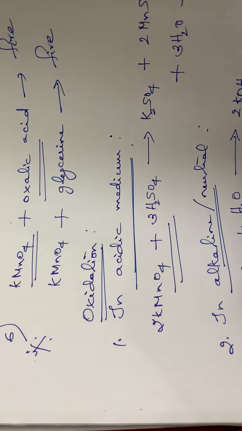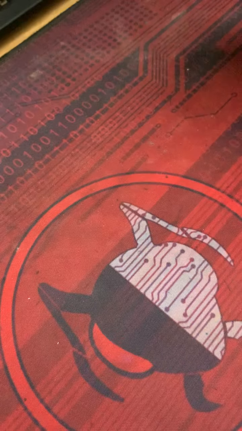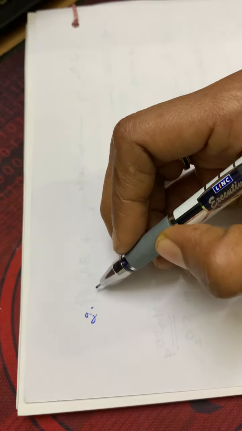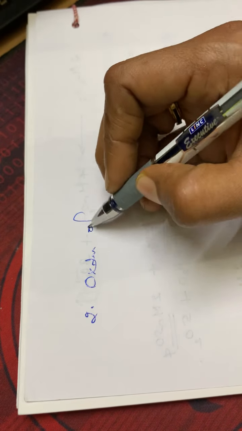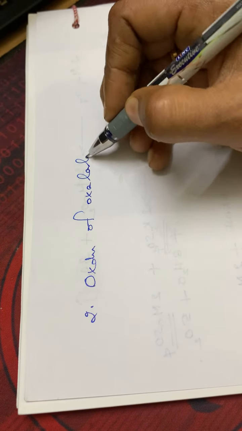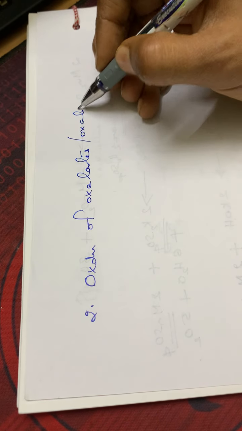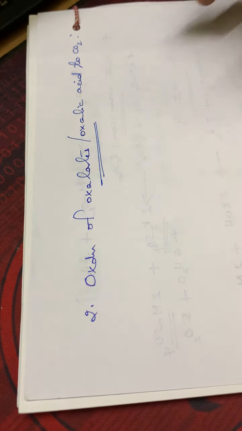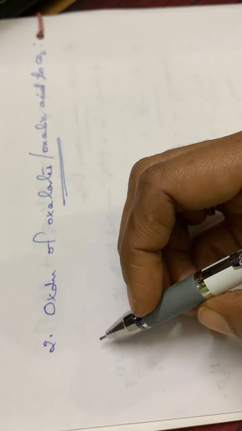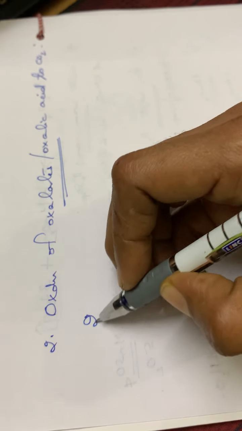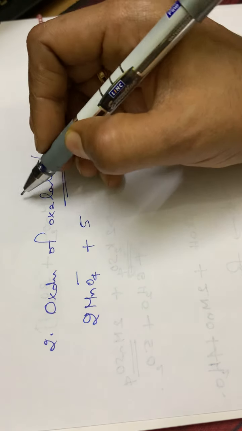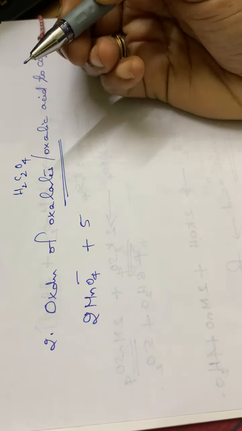Then the next one, the oxidation of oxalates or oxalic acid to carbon dioxide. So this reaction is 2MnO4 minus plus oxalic acid. The formula of oxalic acid is H2C2O4, isn't it?